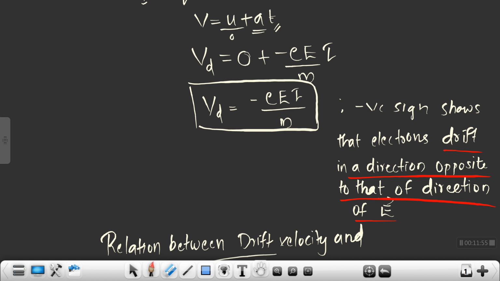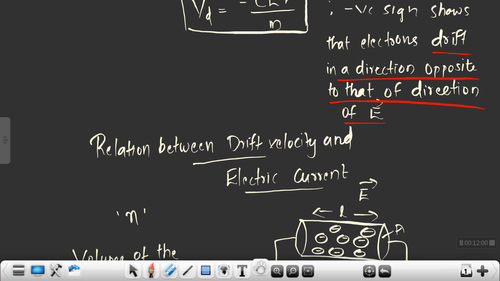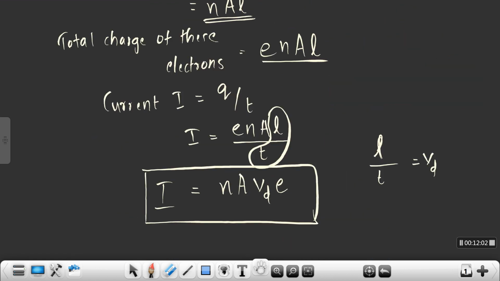The next topic was the relationship between drift velocity and electric current. So we found the relationship between drift velocity and current as I is equal to nAVd e.